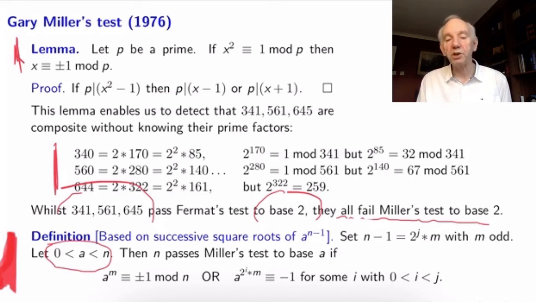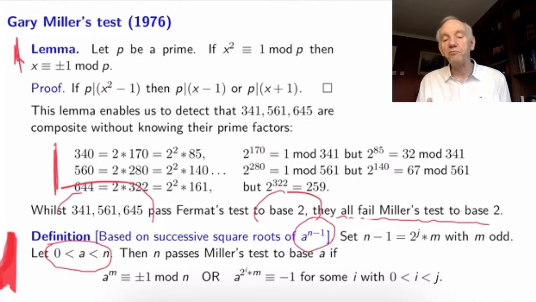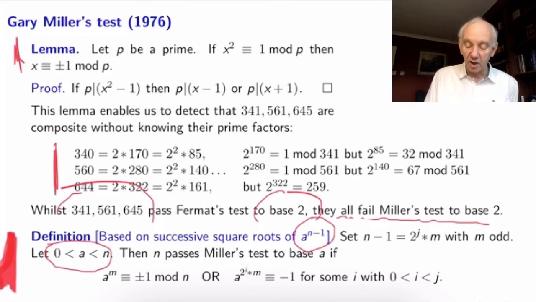We fix that integer, and we know that Fermat's little theorem is telling us something about a to the n minus 1. If n is prime, then a to the n minus 1 is 1 mod n. But for Miller's test, we take square roots of a to the n minus 1. So that's equivalent to actually seeing how many powers of 2 divide n minus 1.